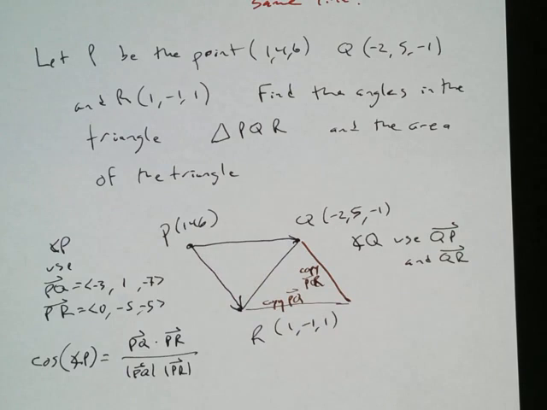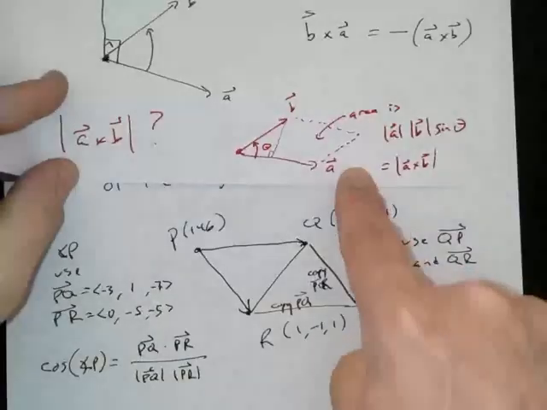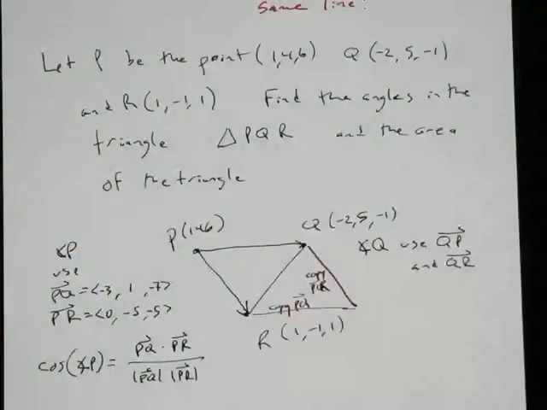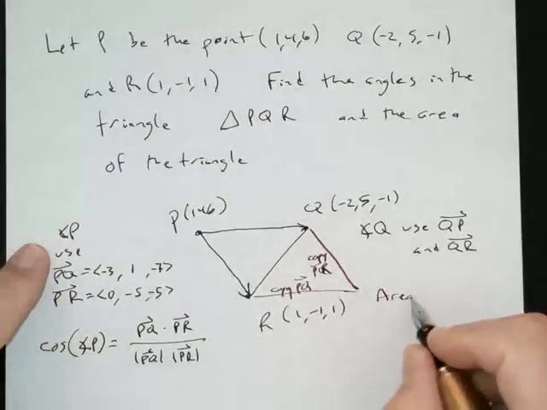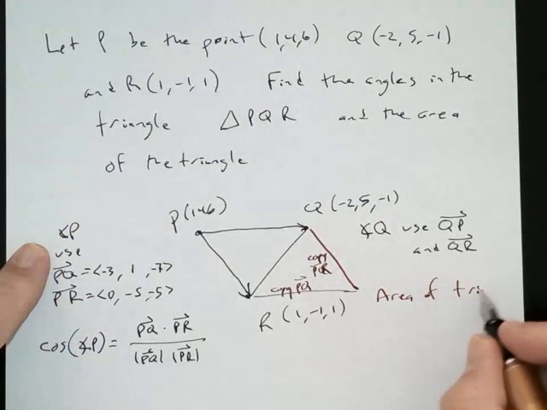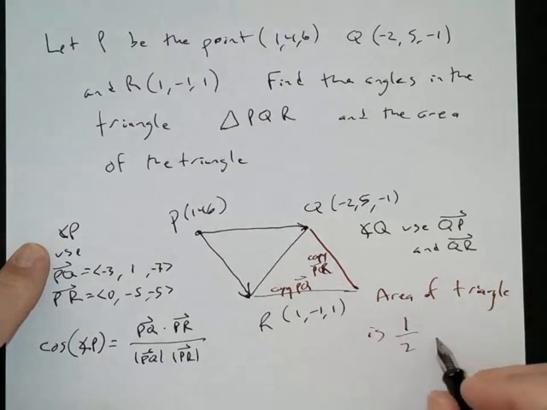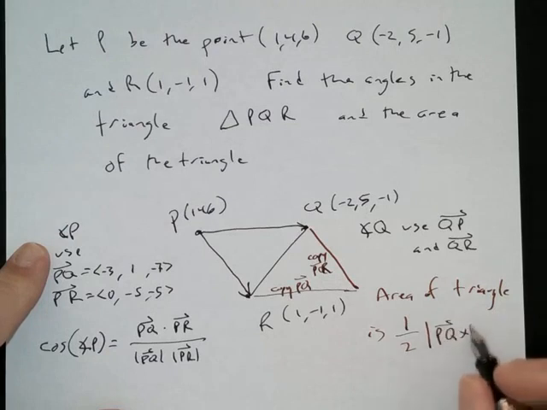Oh, that's our cross product. So the area of my triangle is half the length of the cross product.